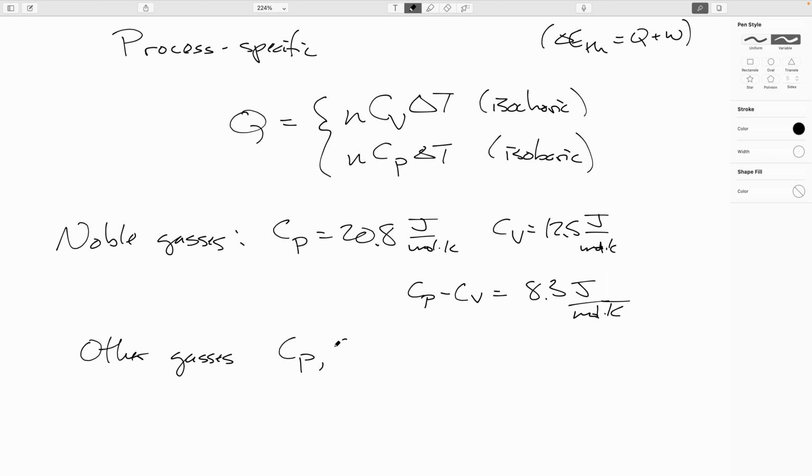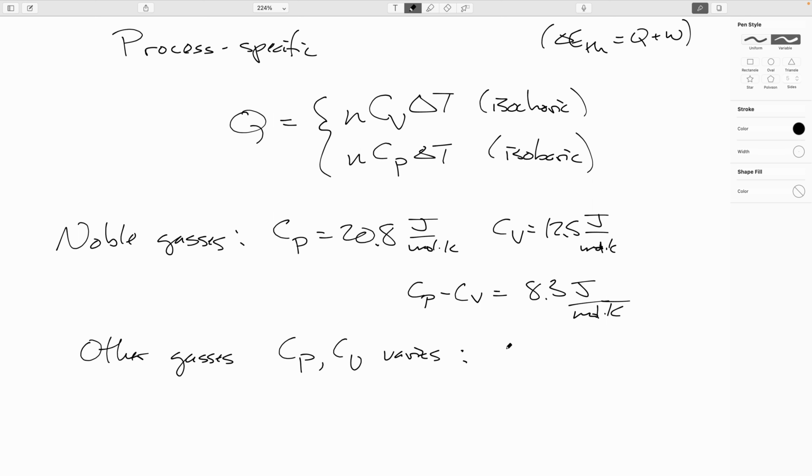Even for other gases, C_P and C_V will vary a bit. For instance, the diatomic gases tend to hover, C_P around 29-ish, and C_V around 20.5-ish.